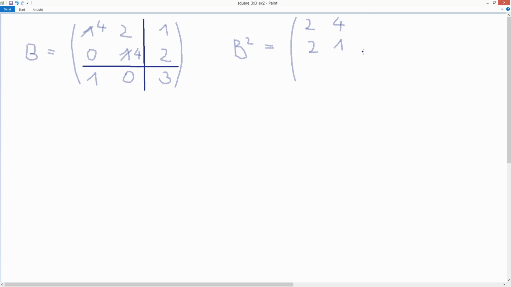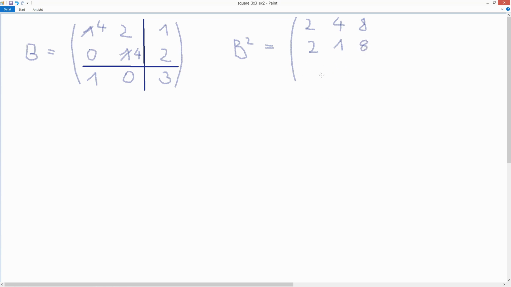Now for these two entries, I just have to plug this vector b, 1 and 2, into this new submatrix here. So this entry here is 4 times 1 plus 2 times 2, which is 8. And this entry here is 1 times 0 plus 4 times 2, which is 8.